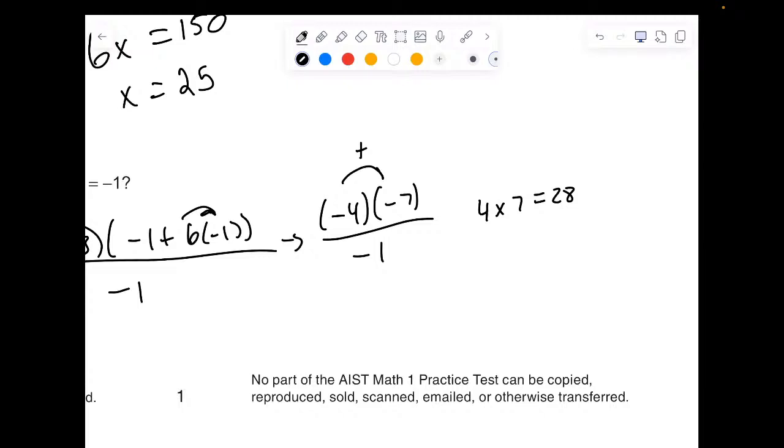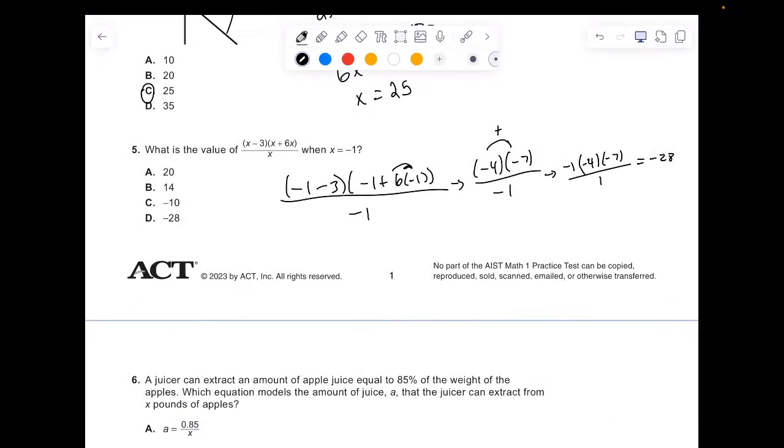So this is equal to negative 1 times negative 4 times negative 7 over 1, which is equal to negative 28. Whoops.